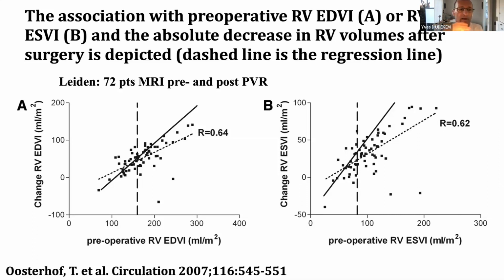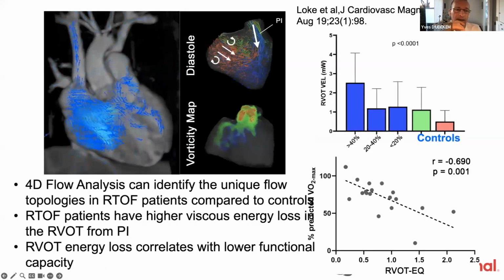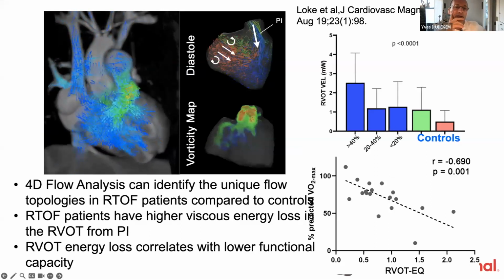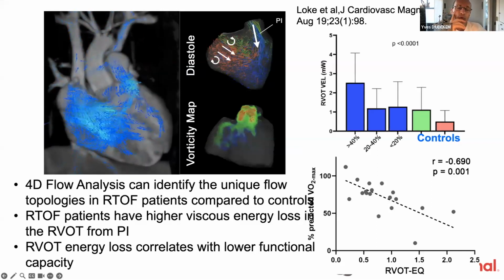And I'm always inspired by this work from Leiden, that dates from quite a few years ago now, where they could look at any size before and after. There's no cutoff at which you do not recover the right ventricular volumes. So the solution is likely somewhere else. And again, Tom Loke is trying to identify the flow topology.